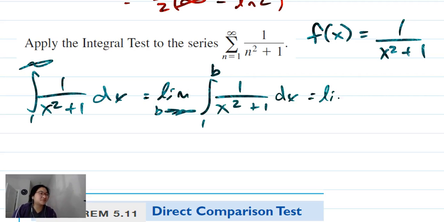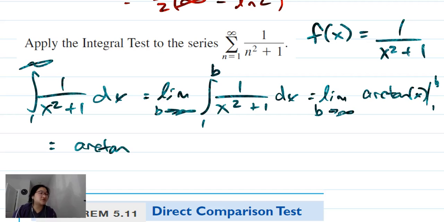This is a limit as b approaches infinity of arctan of x from 1 to b. And so what's that? Arctan of infinity. So what's the limit of arctan? Arctan is bounded by plus or minus pi over 2. So this is going to be arctan of b limit.